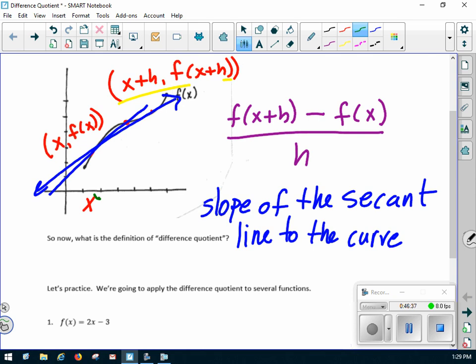What if I made h even smaller? What if I made h this small? Then my other point sits right here, and my secant line would be right here.